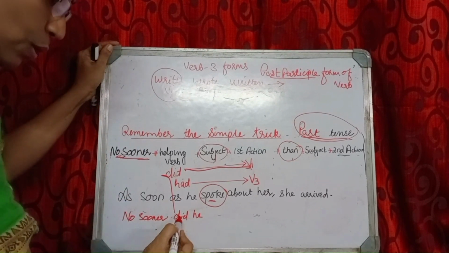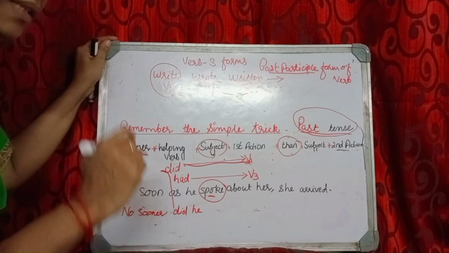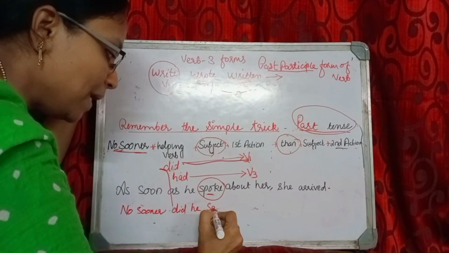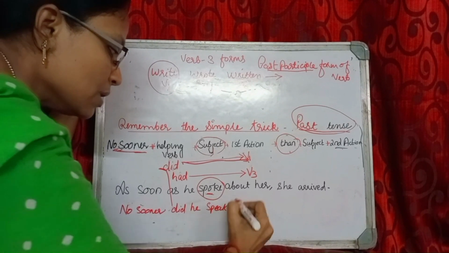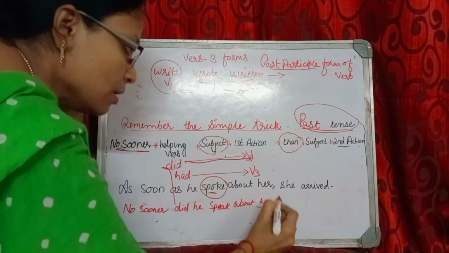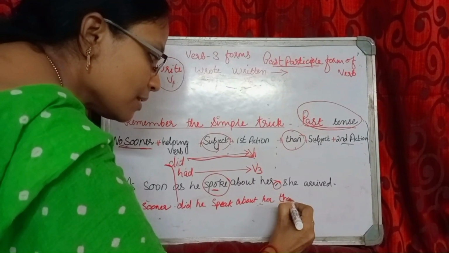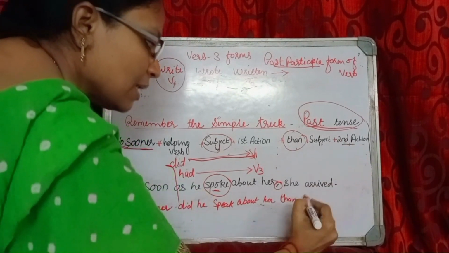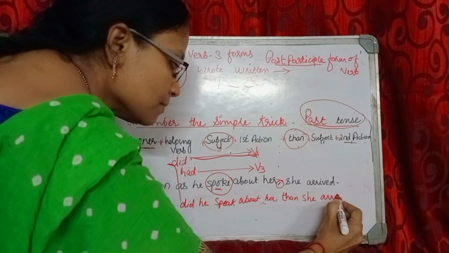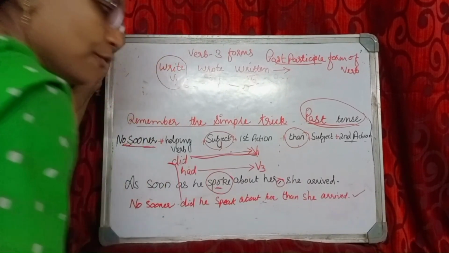If you are using "did" as the helping verb, V1, the base form of the verb, is to be used. "No sooner did he speak about her", "speak" is the first form. Then instead of the comma, we are using "than". Then the second action, "she arrived". This is one way of writing.